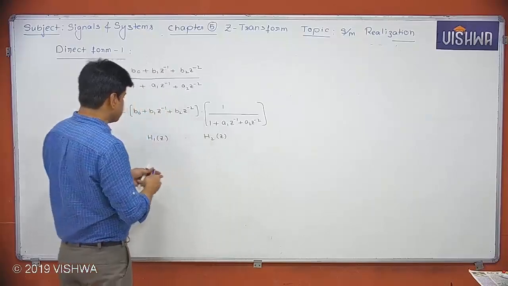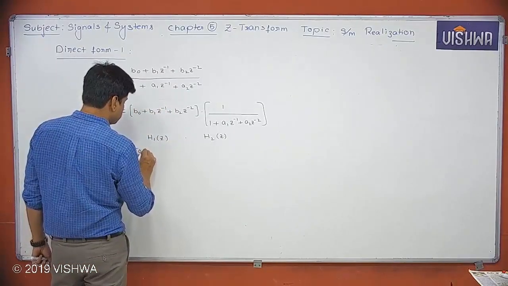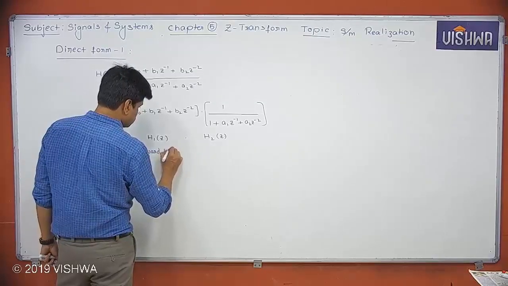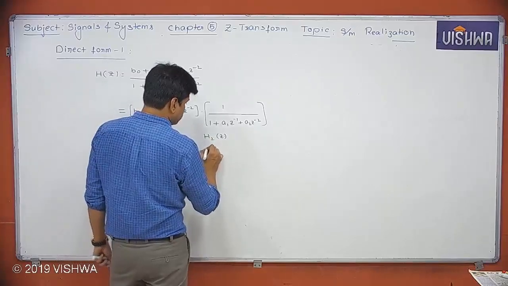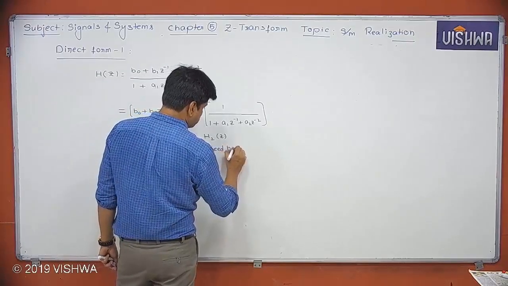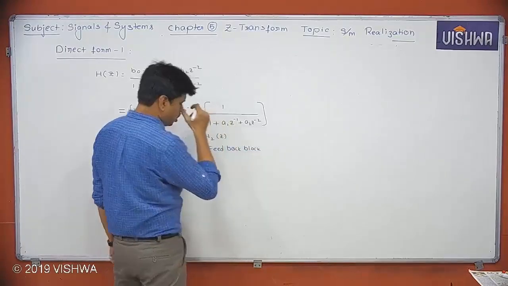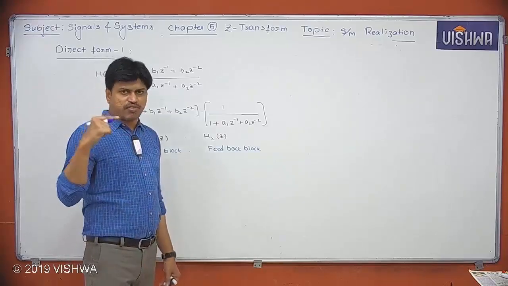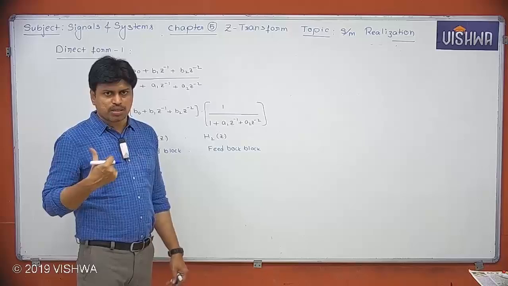So this is realized by the forward block, and this is realized by the feedback block. Whatever the block, it doesn't matter. Remember one thing: if it is a forward path, no sign change. If it is a reverse path, change the sign.